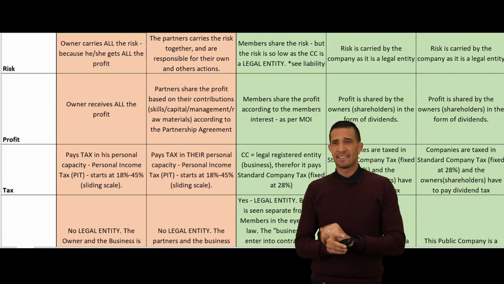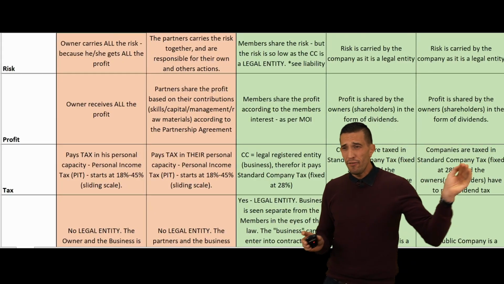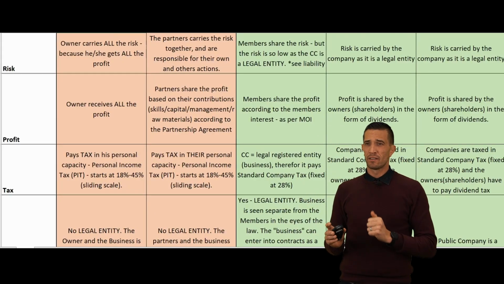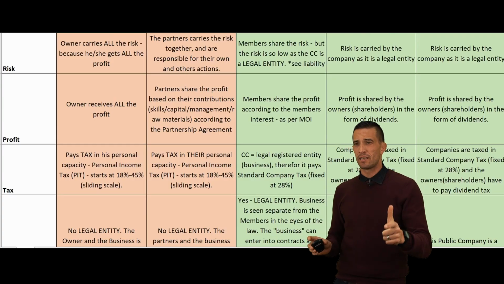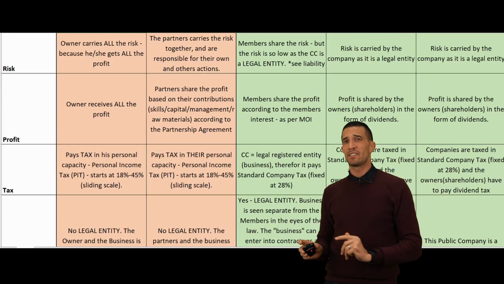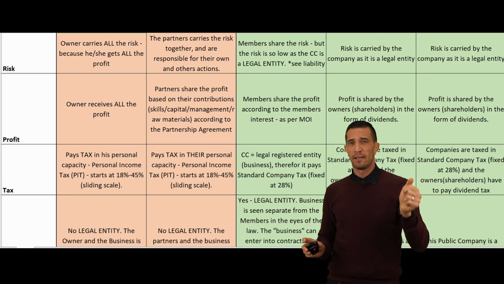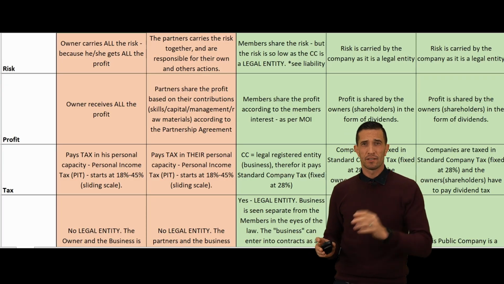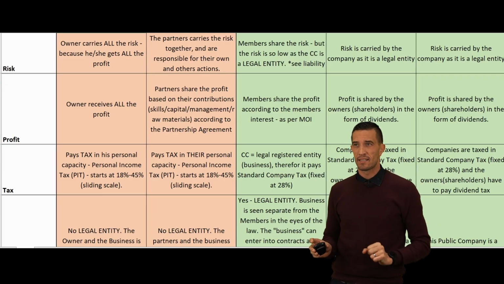Tax is an interesting one. Everyone in this bracket pays a personal income tax, right? Sole traders, partnerships, and even the owners in a public and a private company, they pay personal income tax on their dividends.